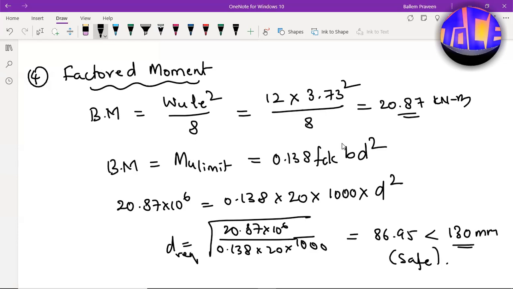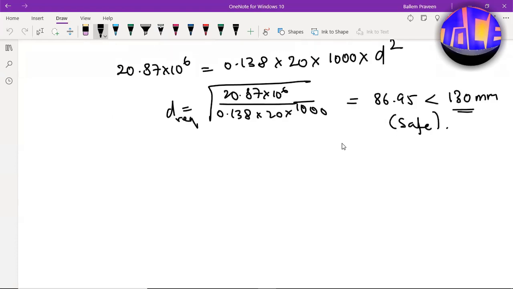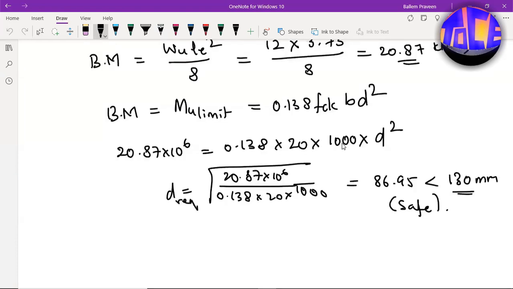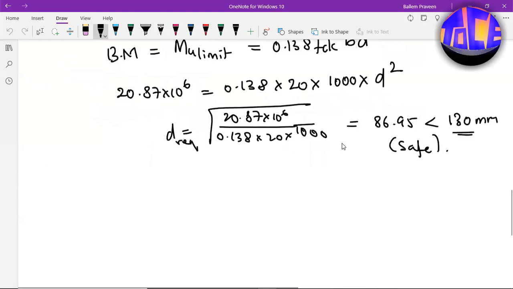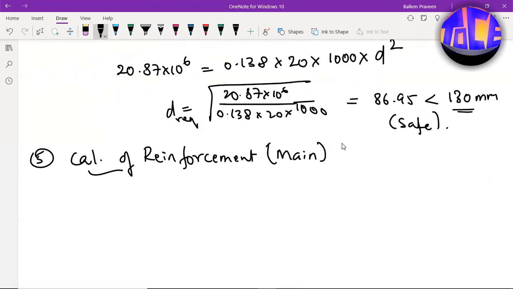Now the next step is to find out the reinforcement required. What is the step number? Step number 5, calculation of reinforcement. This is the main reinforcement, which is provided along the shorter span.